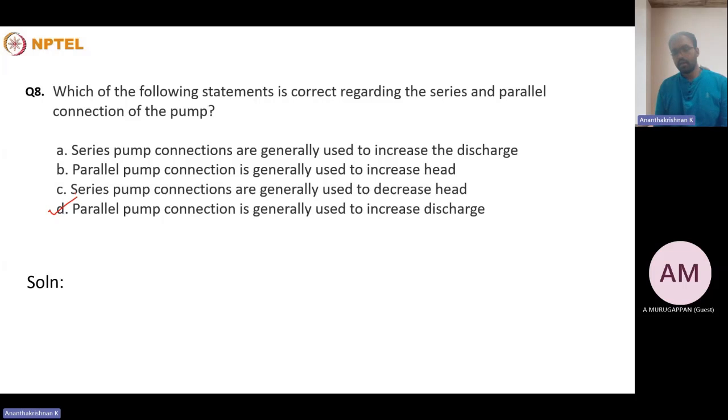So we use a series pump connection to increase the head, keeping the discharge almost constant. And conversely, we use a parallel pump connection to increase the discharge, keeping the head almost constant. So that can be explained in terms of the system characteristics.